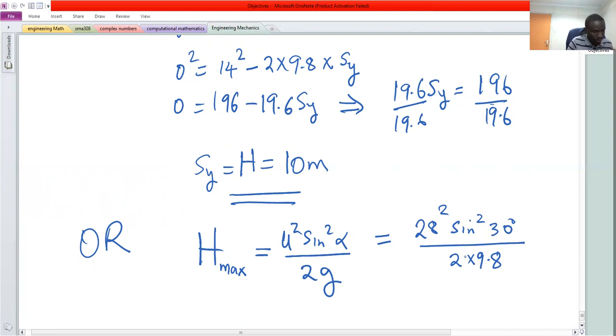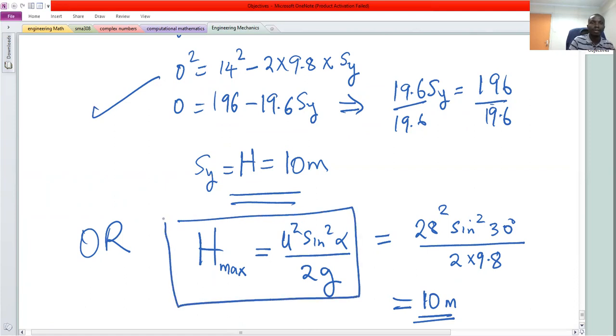So 28 squared times sine of 30 degrees squared divided by 2 times 9.8 still gives us 10 meters as the answer. So you can either use this long method, or if you remember the formula we derived for maximum height, put in the values we have in the question and get the answer.